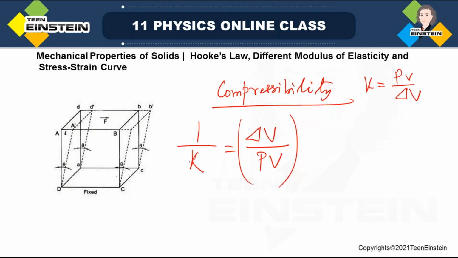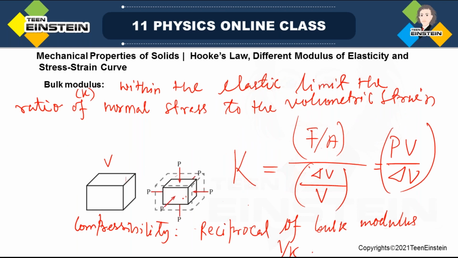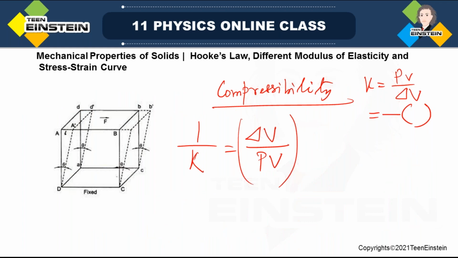In this case, if we put the value of delta V, it generally becomes less. So the compressibility or bulk modulus is written with a negative value, because when you apply pressure you are reducing the volume. So final minus initial volume is minus delta V, so there will be a minus sign.